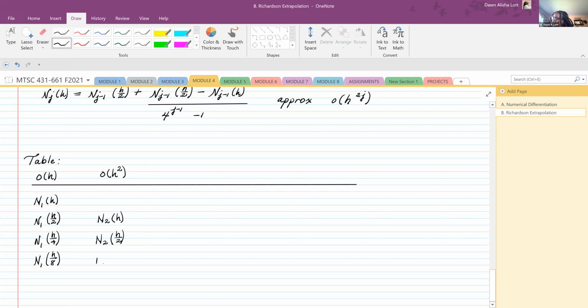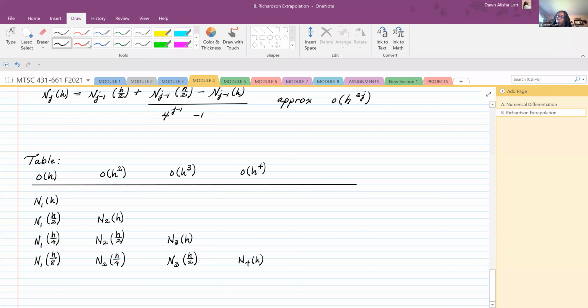And then N2 of H over 4. So that I can get an order H cubed approximation. So that'll be N3 of H. And I will need to find N3 of H over 2 in order to get an order H to the fourth approximation, which would be my N4 at H.